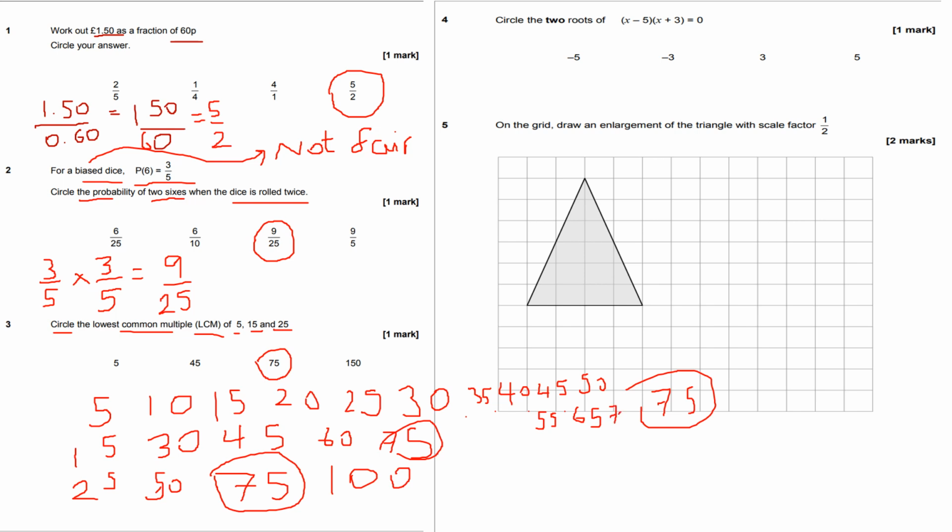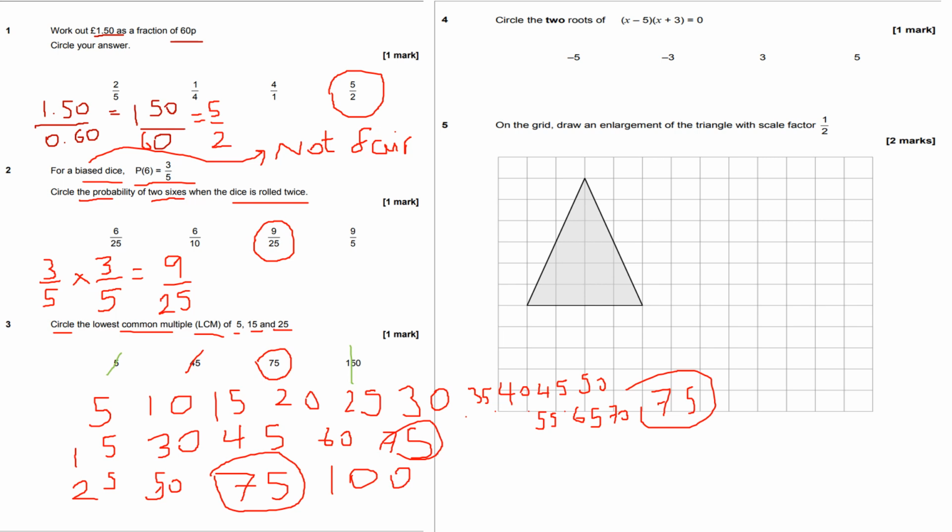So 5 is actually a factor of all three numbers. 45 doesn't appear in the 15 times table, neither in the 25 times table. That one appears in all three, but it's not the smallest possible one, so I've got to rule those out. So that's the answer for that question.